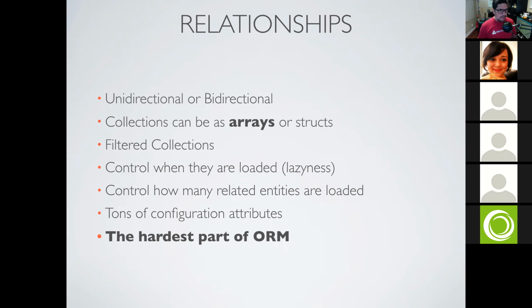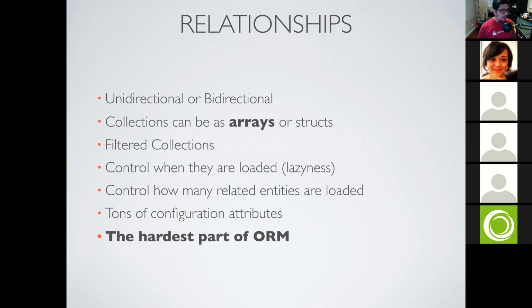The collections, so that means that relationships that have one or more objects, can be defined as arrays, or they can actually be defined as structures, okay? And there are many, many ways to put them together, but arrays are usually the easiest to work with. Structs do have their place. I've used them before, and they're really cool because you can create a struct of IDs of all the things that you have available within those objects. You can also have filtered collections, so you can put where statements on those different relationships.